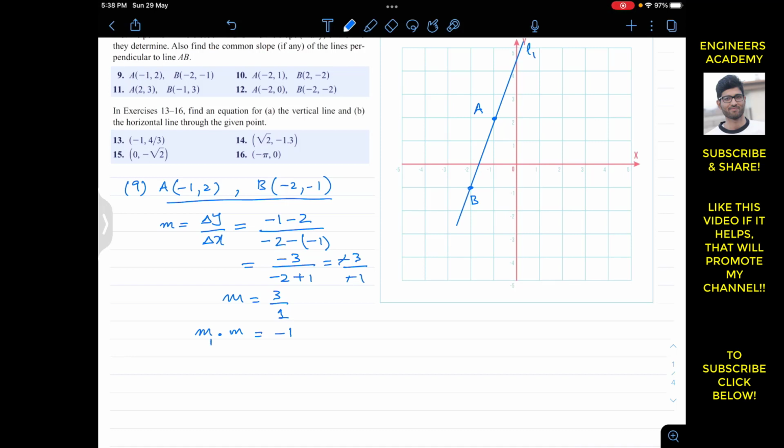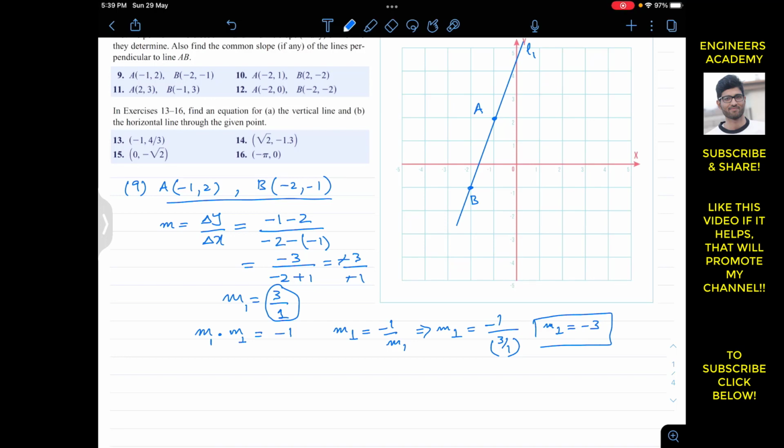The product of the slope of line 1 and the slope of the perpendicular line will be equal to -1. So the slope of the perpendicular line will be equal to -1 divided by m1. So the slope of the perpendicular line will be -1 divided by 3 divided by 1, or we can say the perpendicular slope will be equal to -3. The negative reciprocal of this slope is the slope of the perpendicular line.